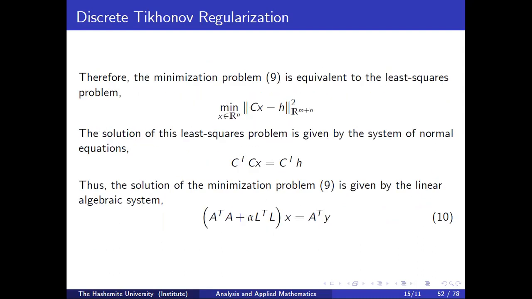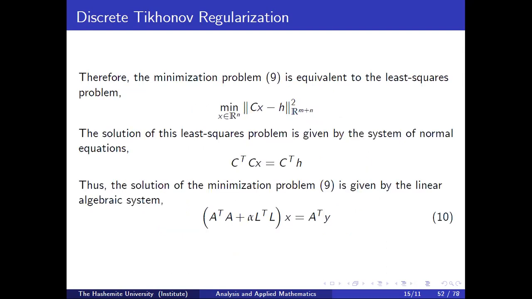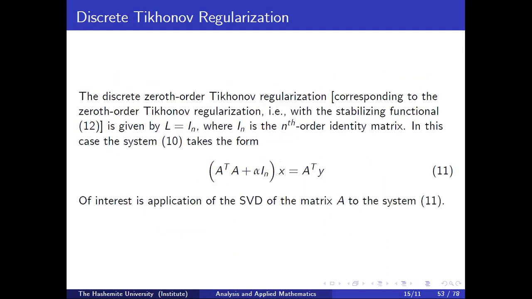If we choose the operator L in the Tikhonov regularization to be the identity, which is one of the choices, and you can choose L in a different way, but to have the zeroth order approximation of Tikhonov, we choose L to be the identity. So this is the system we need to solve to find X, or to recover X.